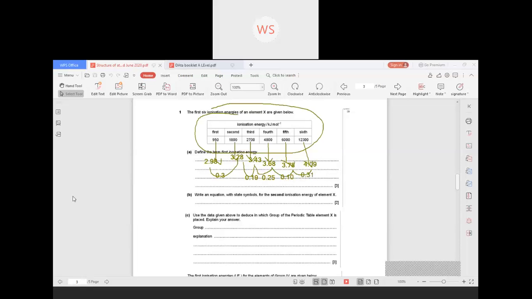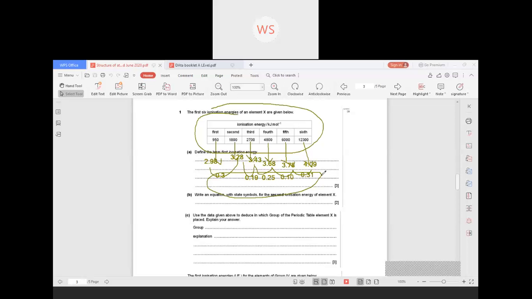From all these, which one has the highest difference? From 5 to 6? Am I right? Yes, teacher. So it means the outermost has 5 electrons. It is group 5. That is where it came from.